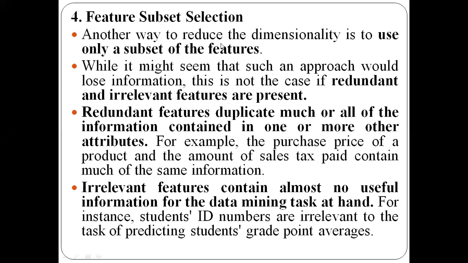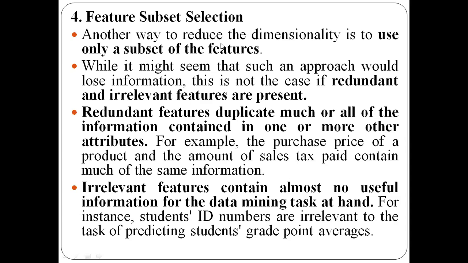For example, in a student data set, if you have 10 attributes like student name, USN, age, marks, gender, address, and so on, and I want to calculate the average of the marks, then attributes like address, age, and gender are not required.